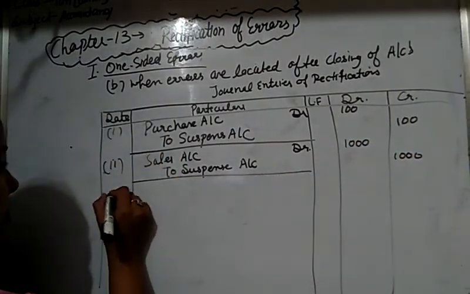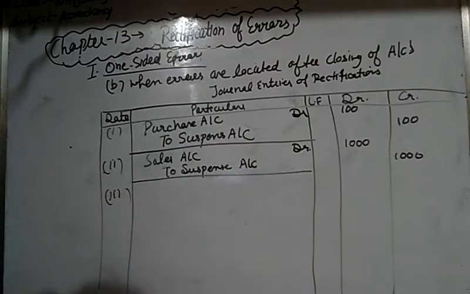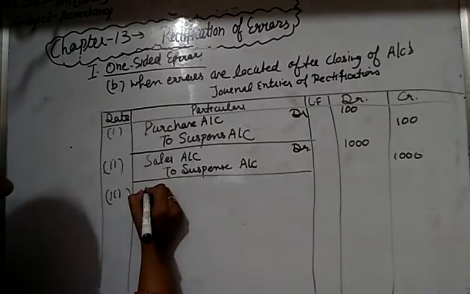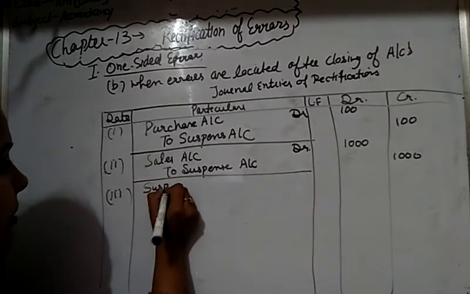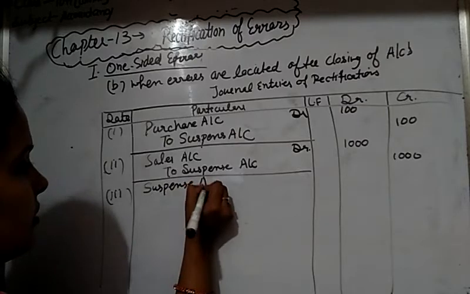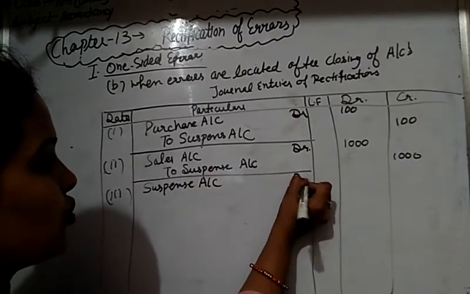Next is third. An amount of ₹175 had been posted to the debit side of commission account instead of 125. So commission account is debited with ₹50 more. So we credit it. Okay. So we write here suspense account debit because commission account shows more.